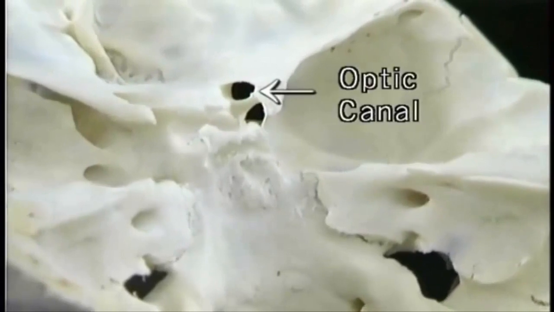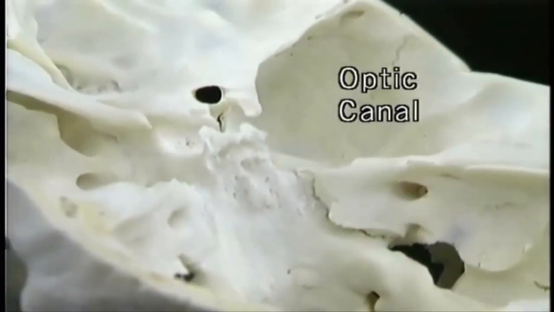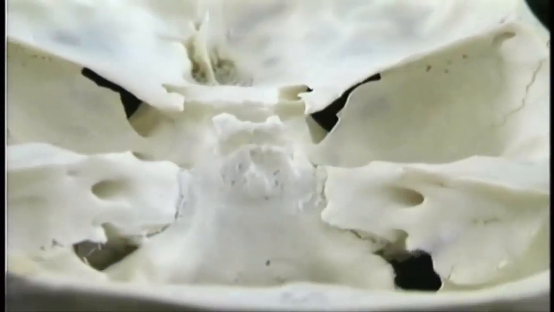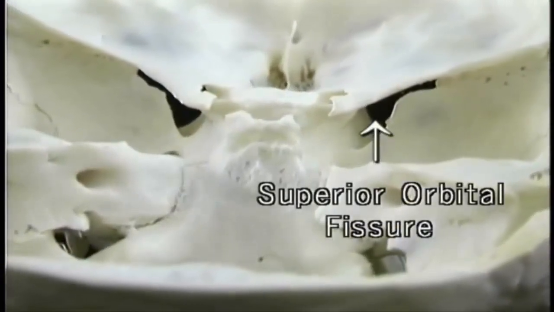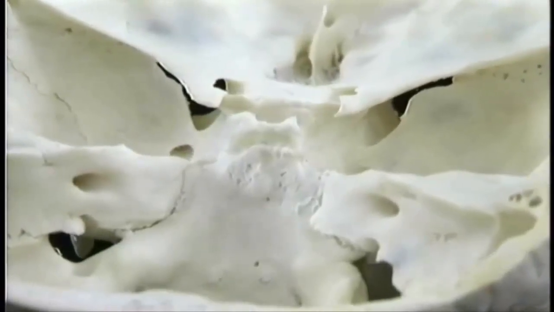We'll start with the ones that pass forwards. This round opening just in front of the anterior clinoid process is the optic canal for the optic nerve. Lateral to it, this large triangular opening is the superior orbital fissure, which we've seen already. Numerous nerves and blood vessels pass through it into the orbit.